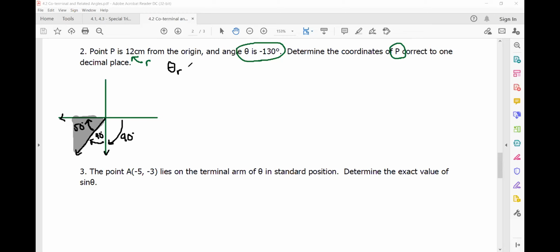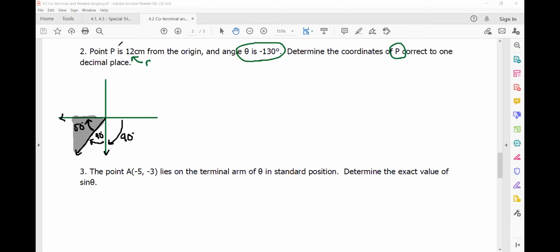My theta r, which is my related angle with the x-axis, is going to be 50 degrees. Just to point out.